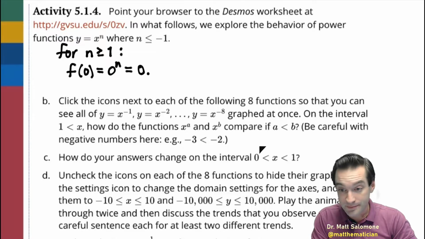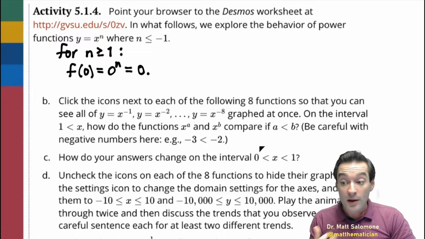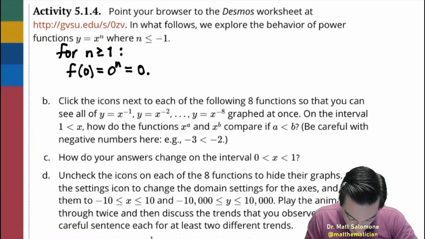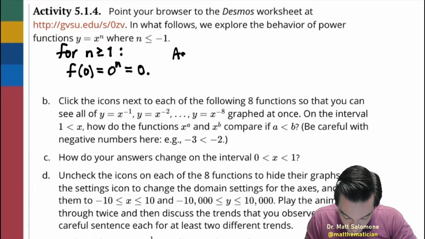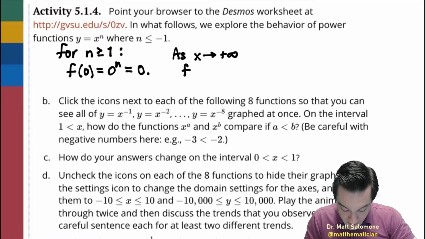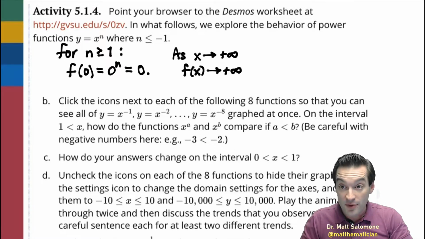That's equal to 0, right? All of my graphs went through the origin in the example that we just did. And we also saw that in all of these examples, as x tended to positive infinity, f of x also tended to positive infinity. That was the end behavior of my positive integer powers of x.